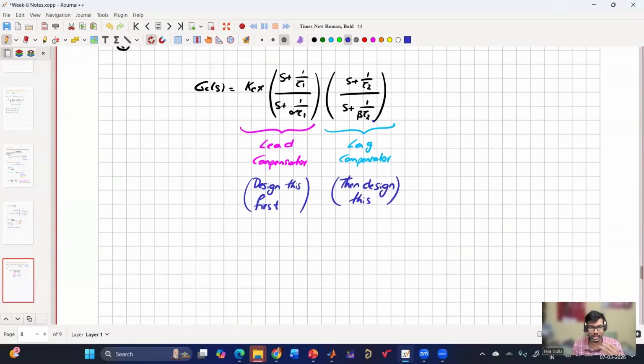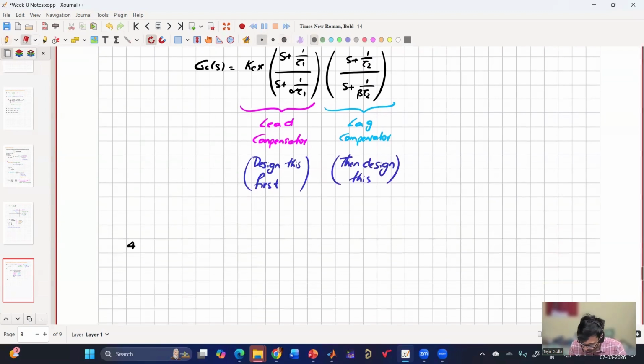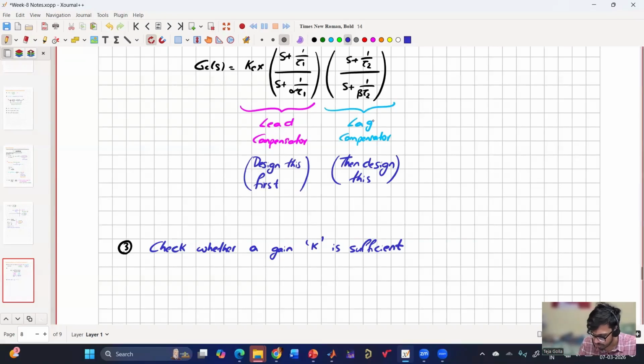So the objective that we have at the beginning is to check whether gain should suffice. So this is point number 3, if I'm not wrong. Yeah. So check whether a gain K is sufficient.